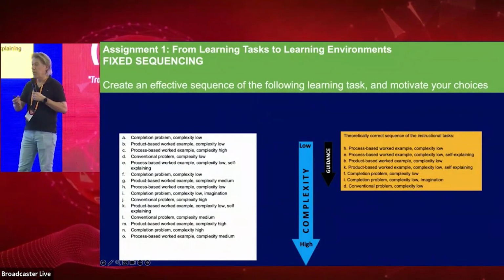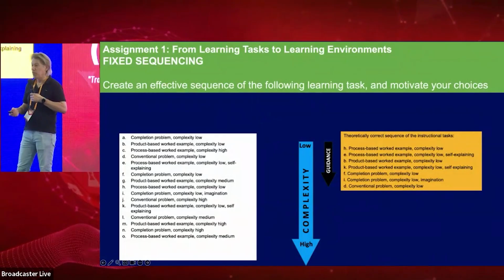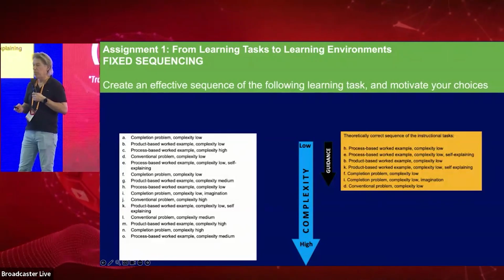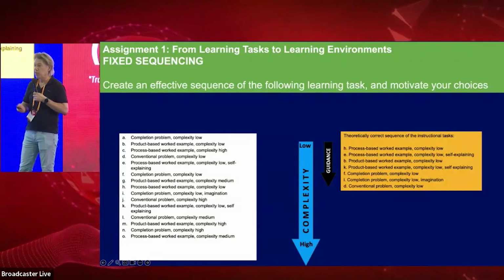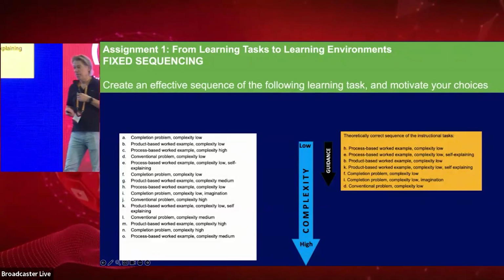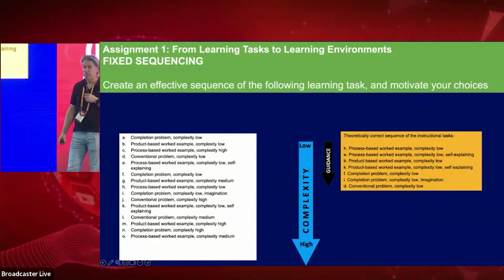The lowest complexity tasks are the ones with the least number of interacting information elements, and the highest complexity with the most. If you want to read more on that, we have published an article recently in which the method is described in Educational Psychology Review.